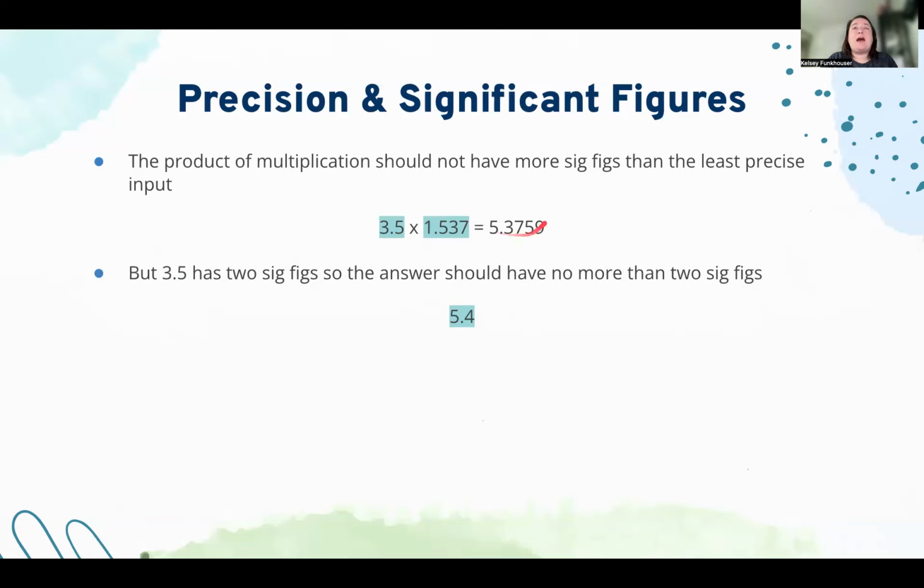If we plug this into our calculator, we would get 5.3759, but the smallest number of sig figs we input was 2, so our resulting value should have no more than 2 sig figs. So we should round our value to 5.4 so that we're not assuming precision that we don't actually have.